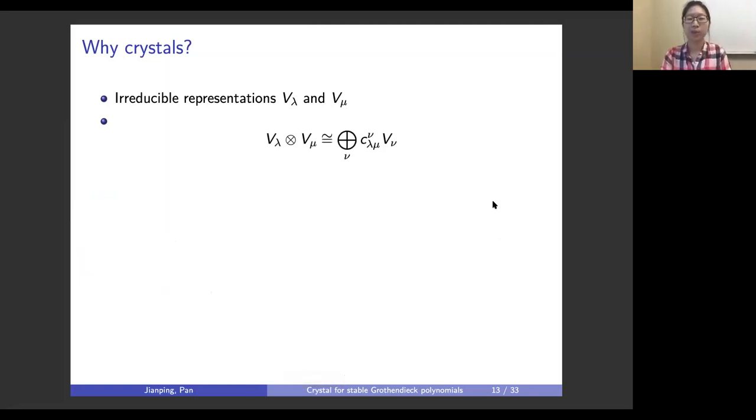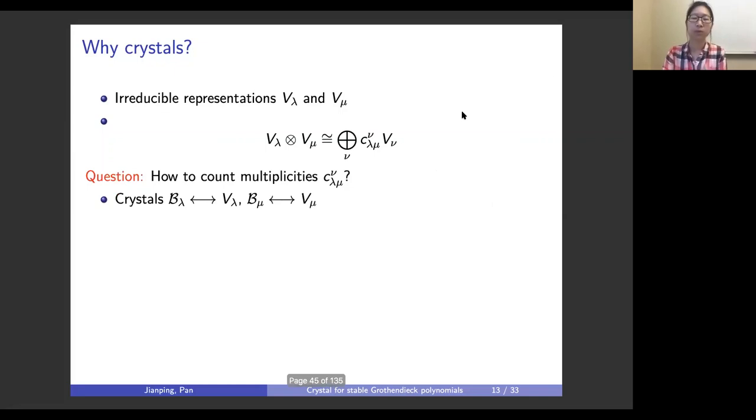Algebraists, of course, think about irreducible representations of, say, a classical algebra or quantum group, and they want to take tensor products. The question is how to count the multiplicities when you decompose the tensor product of two irreducibles. Crystals give an approach to solve this problem combinatorially.